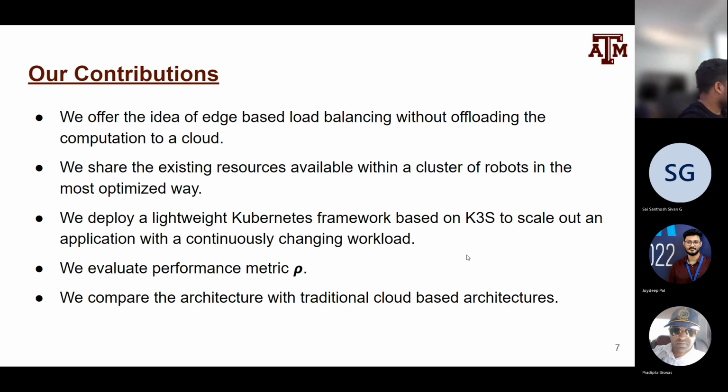For example, if one of the instances goes down, it spawns up another instance instantaneously, so that the enterprise or a business can still stay up if something happens. So we use that same concept in the edge instead of having it in the cloud. We did it on the edge robotics.